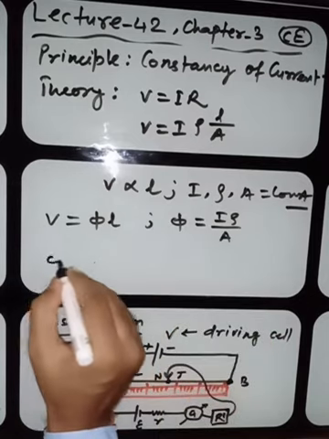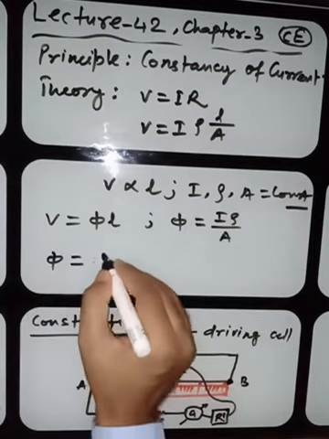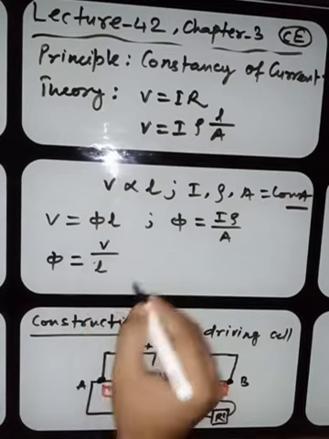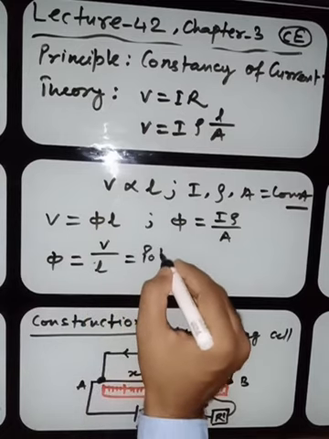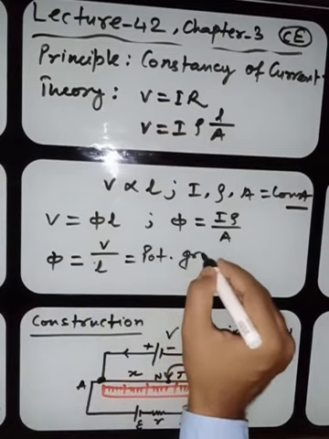How? You can see from here, phi can be written as V by L.